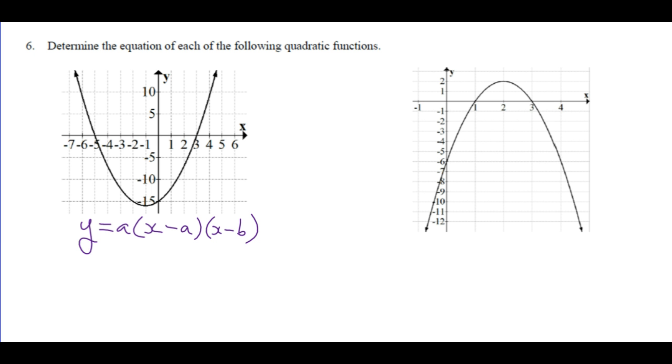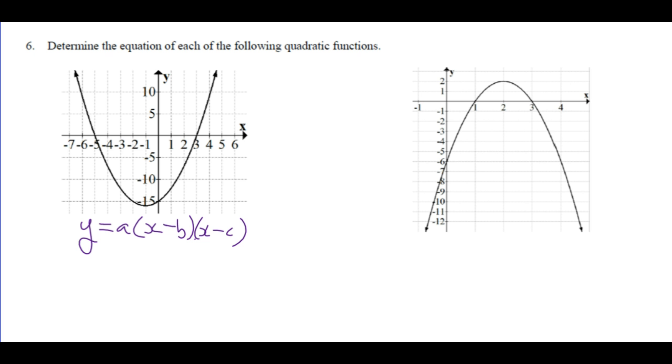That's why we put that a. So that's a general factored form: y is equal to a times (x minus b)(x minus c).